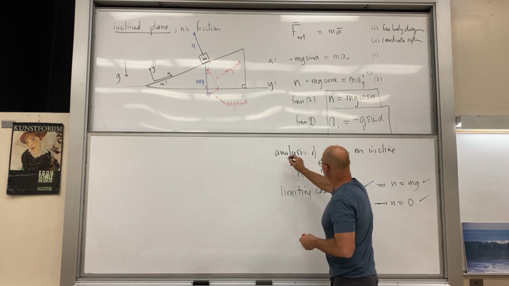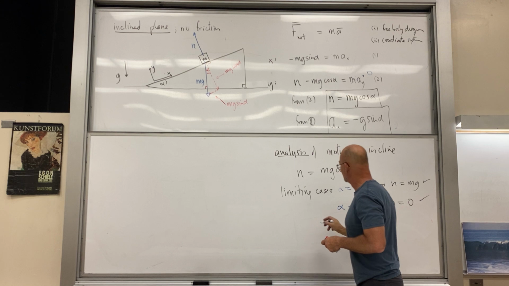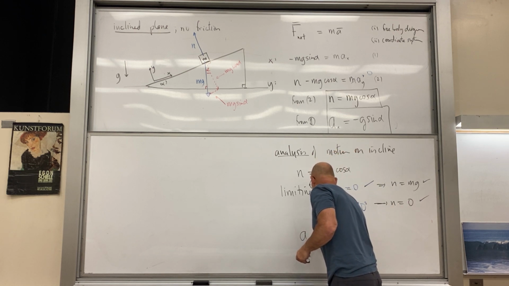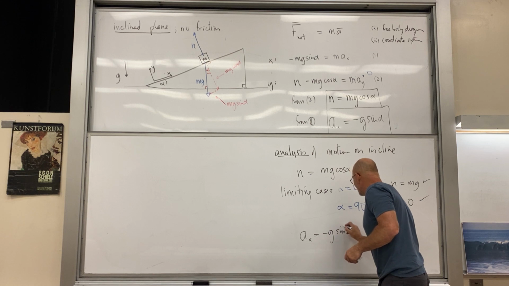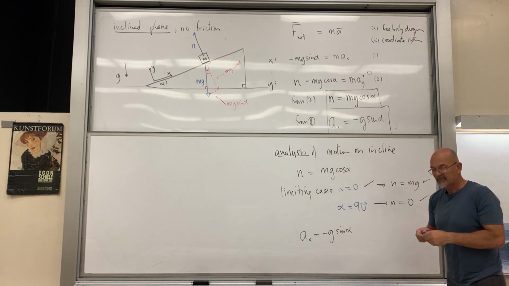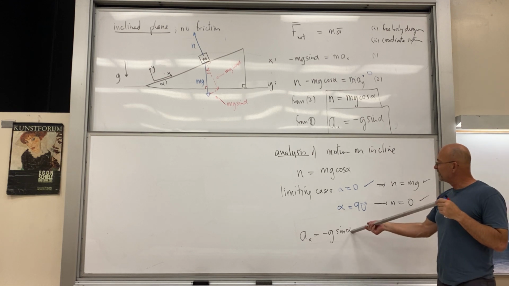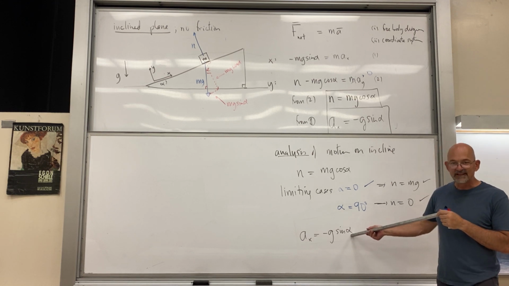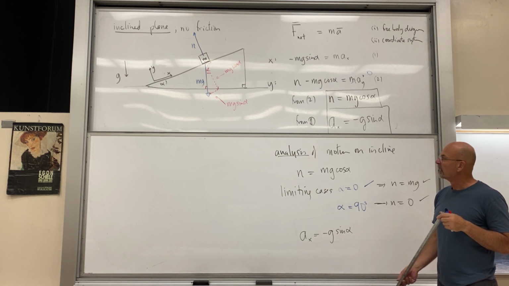Next, we're going to do the analysis of a sub x. A sub x is minus g sine alpha. And we'll do the same two limiting cases. When alpha is equal to 0, the sine of 0 is 0, and the acceleration is 0.